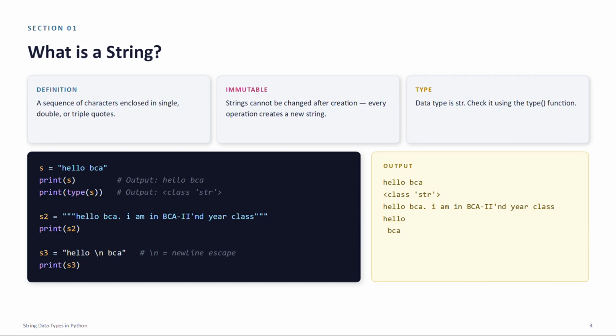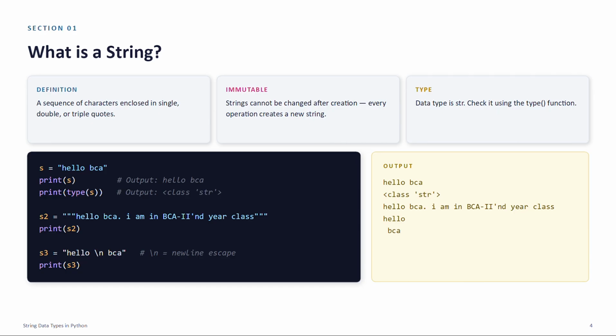There is a common question: can I use single quotes instead of double? Yes, you can use any type of quotes, single, double, or triple. Now let's see what is meant by multi-line string and escape sequences. In variable s2, the three double quotes let me write the text across many lines without error.